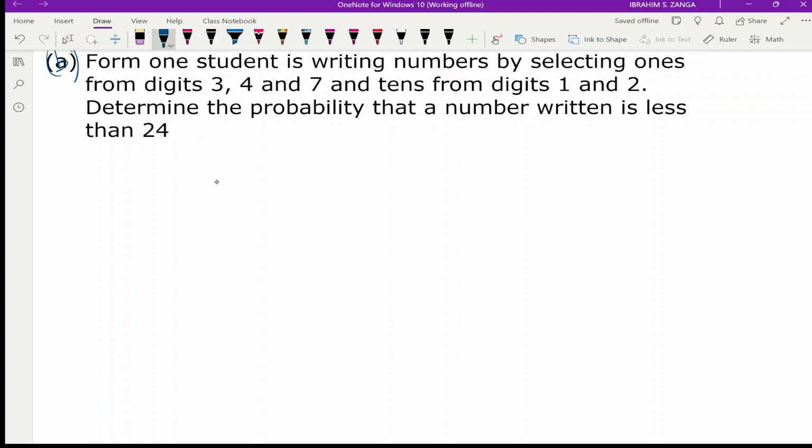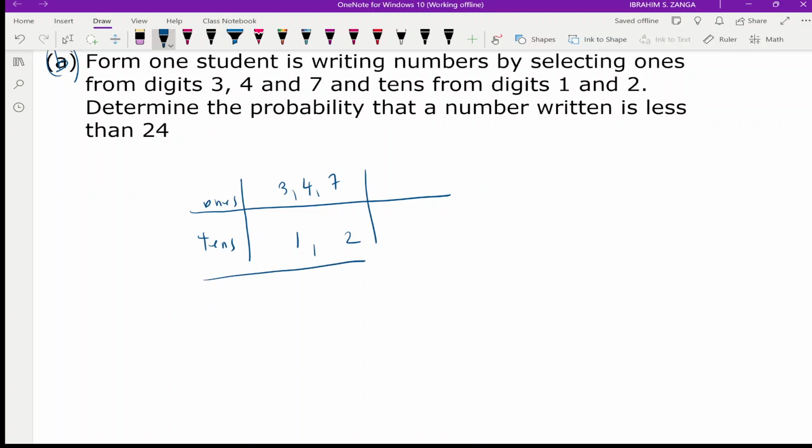So they are going to write a number with ones and tens, but ones they will be selecting from 3, 4, 7, and tens from 1 and 2. So we are going to determine the probability that a number written is less than 24.